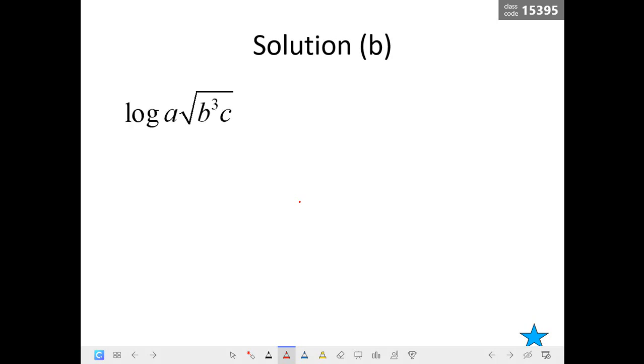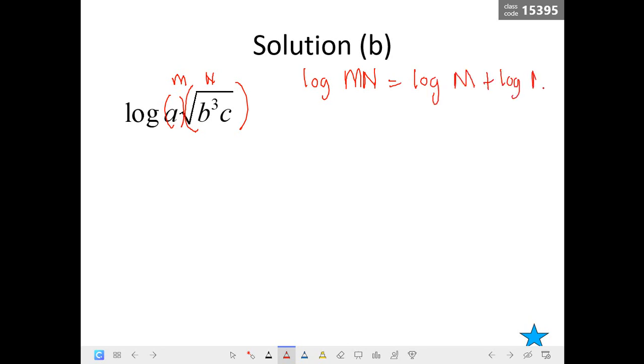Part B, from one term to many terms. Look at that one. Assume this is base 10. Solution: log A times this term. This is M, this is N. Given the first law, log MN is equal to log M plus log N. Just follow the template.